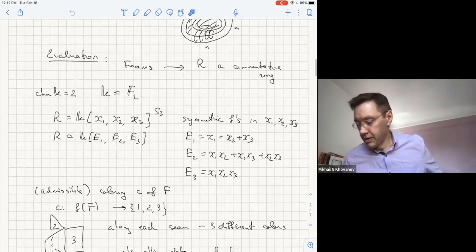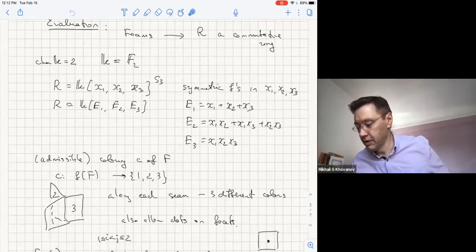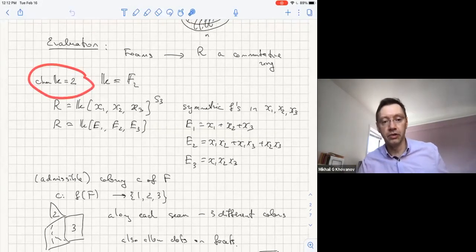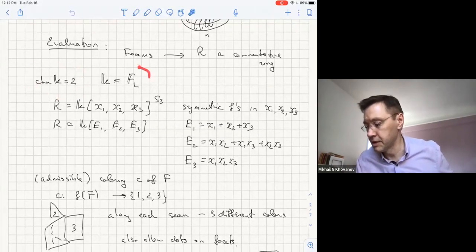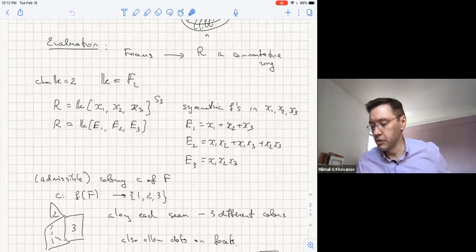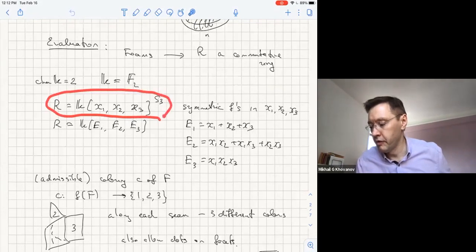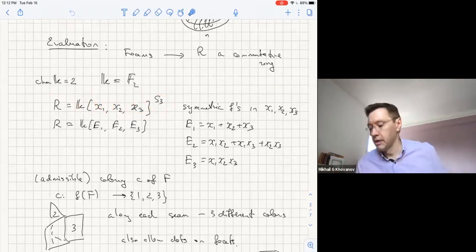All right. Well, let's try to continue. So we work in characteristic 2. This is our ground field F2. So to a foam, we're going to assign a polynomial with coefficients in k in 3 variables, x1, x2, x3, and this polynomial is going to be symmetric.